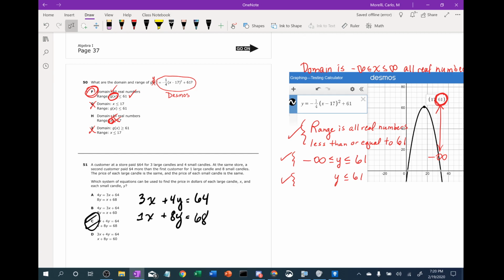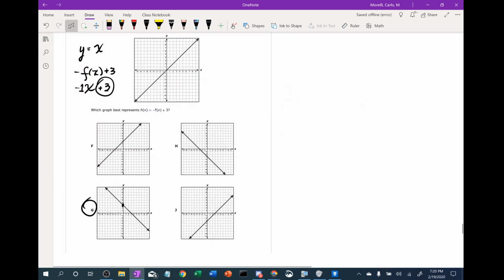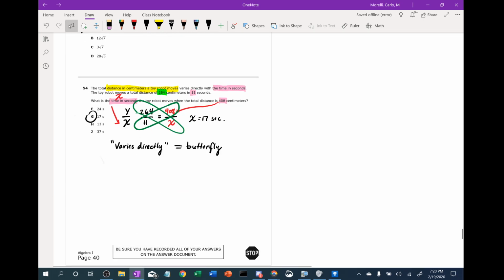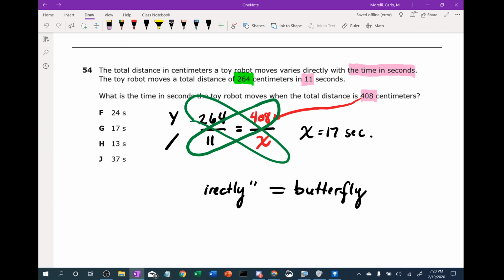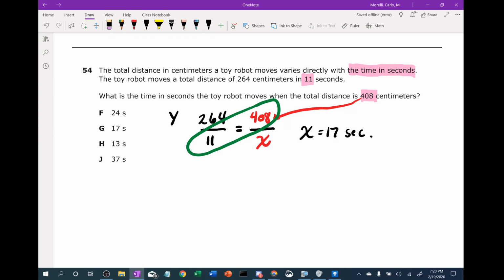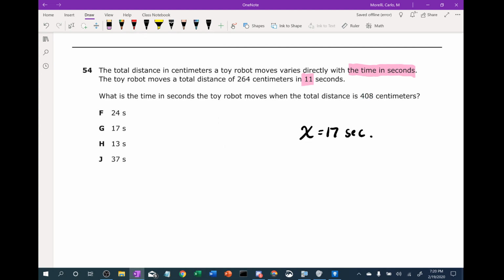Number 54 from 2019. All right, so I'll erase all this so you can see how to do it. Number 54, the total distance in centimeters a toy robot moves varies directly.